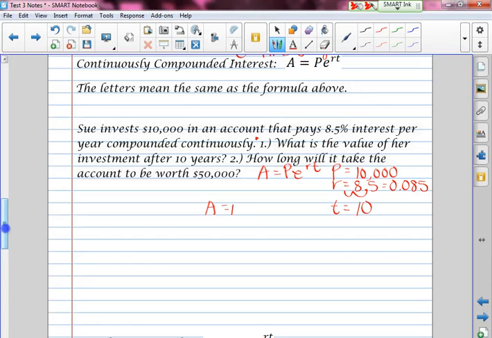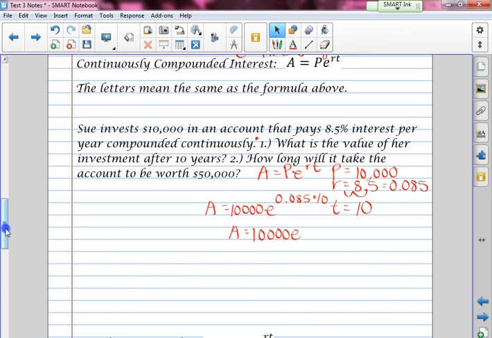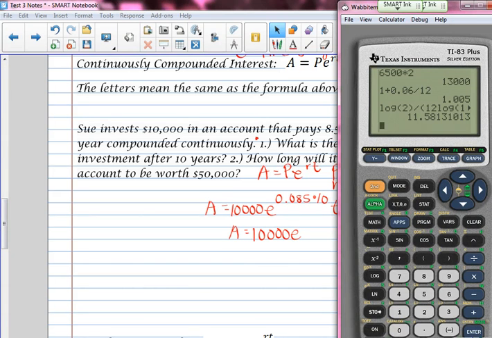A equals 10,000 E to the RT power, so 0.085 times 10. I suggest that you go ahead and figure out what 0.085 times 10 is. Otherwise, it makes your problem messy. 0.085 times 10 is 0.85.